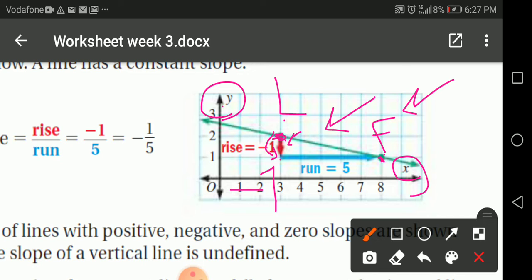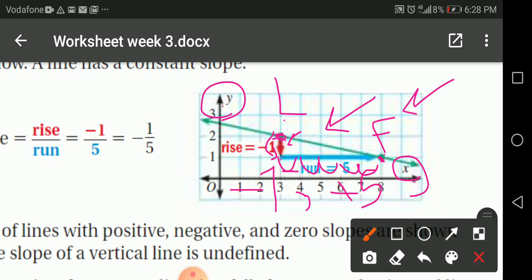Then after that, how many movements to reach exactly point F? 1, 2, 3, 4, 5. So I run on the x coordinates. How many movements? 5 movements to the right means positive 5.